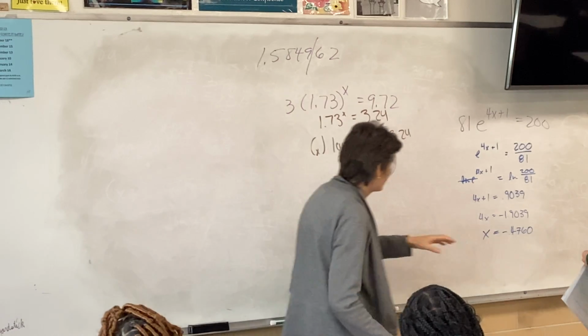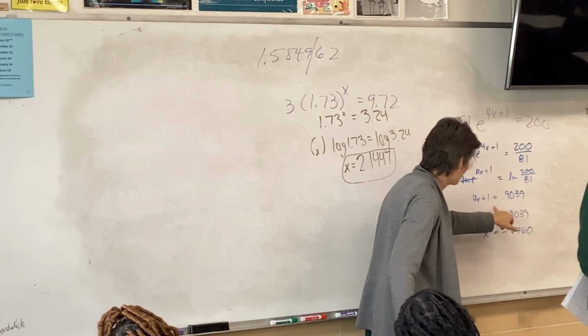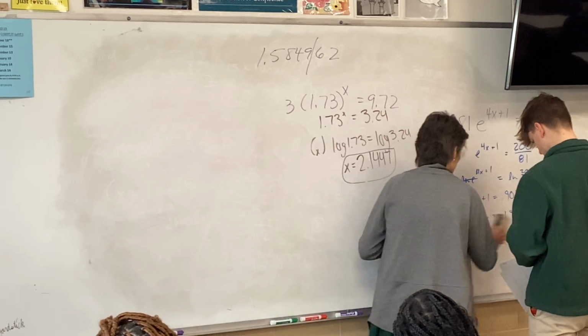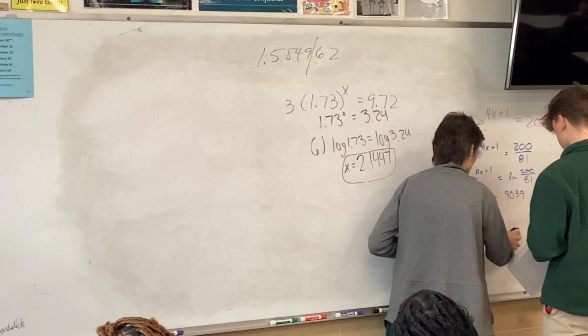Oh, be careful. Is this a positive number? Okay, when you subtract 1, you won't get that. Right, you see what I'm saying? So use a calculator to subtract 1.